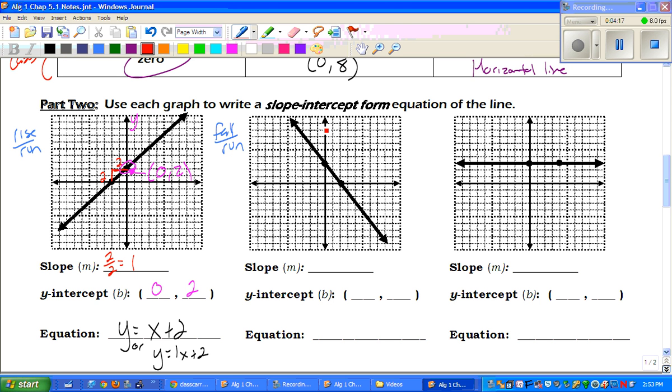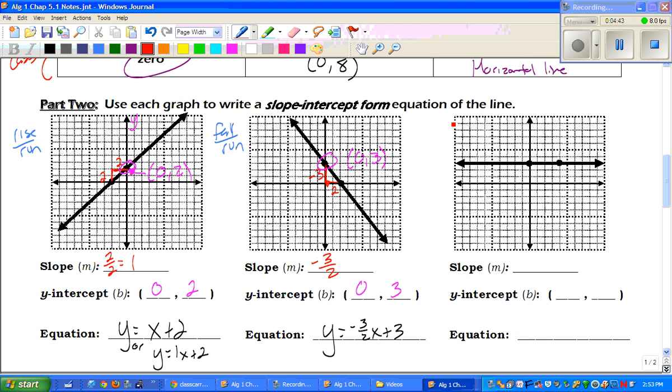All right, for the next one, we're going down, and that's down 3 to the right 2. So the slope is negative 3 over 2. Our y-intercept is (0, 3). So the equation of that line is y equals negative 3/2 x plus 3.